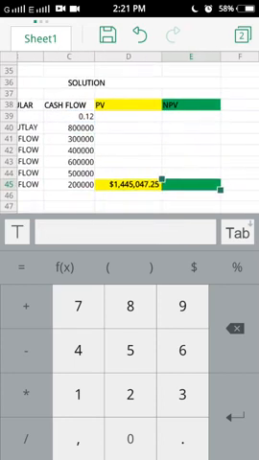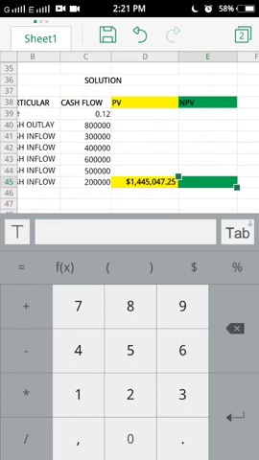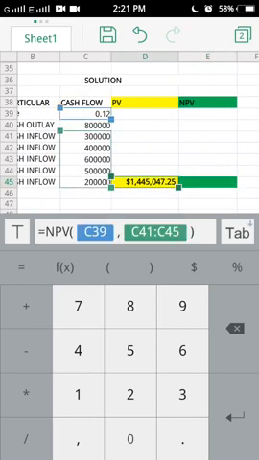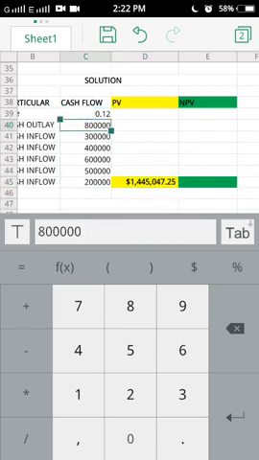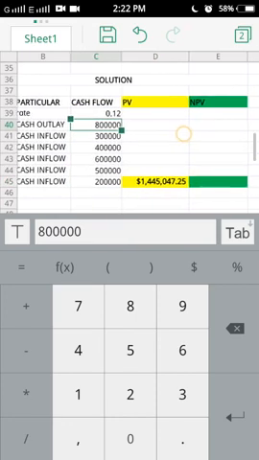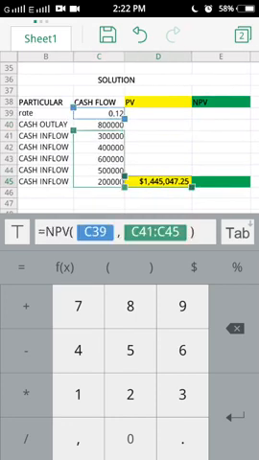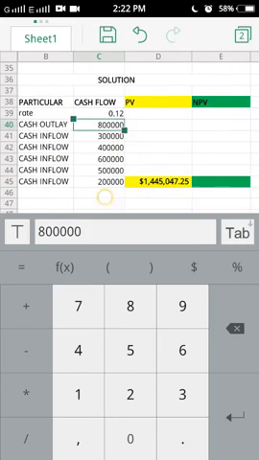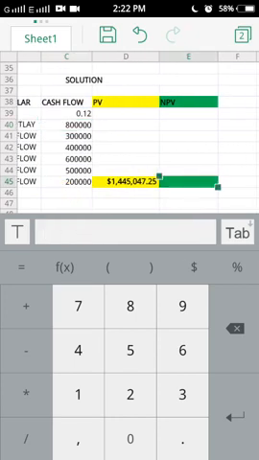Having known this, the next thing we'll be calculating is the net present value. We've gotten the total present value of this calculation. All we have to do to know if this project is viable or not is to subtract our cash outlay from this amount. We simply use our cash outlay of 800,000. Now this is just simple Excel basics. You bring in your equal to sign.